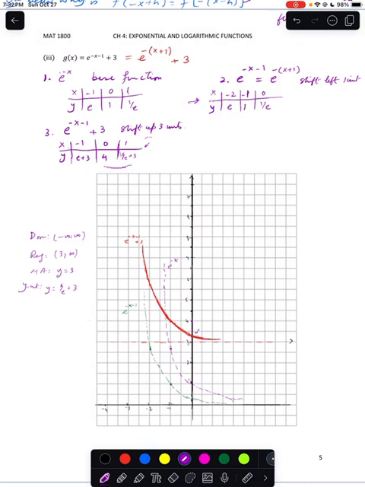And 1 over e, remember we said is about 0.4, so we get something about 3.4. So that is the y-intercept, and there is no x-intercept in this case. So this is how we graph these functions. I hope now you guys understand.